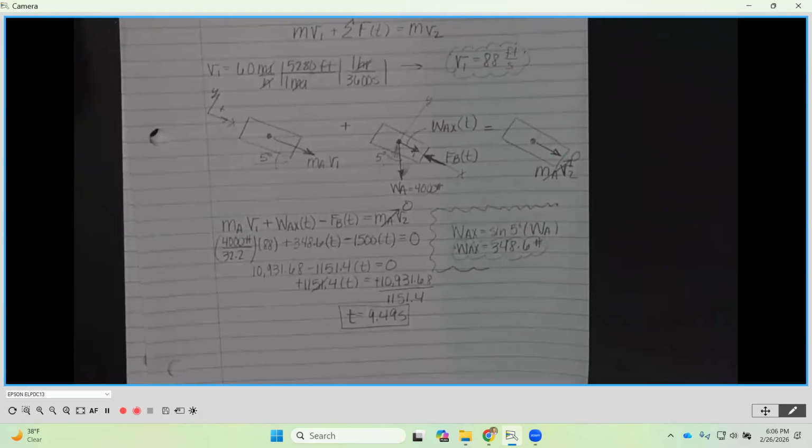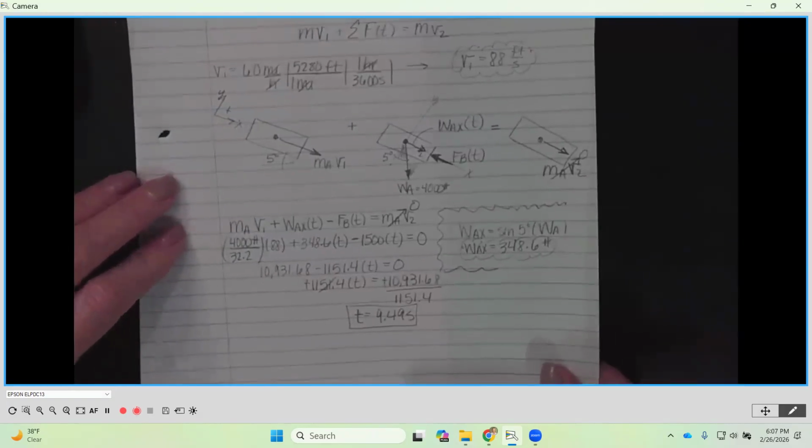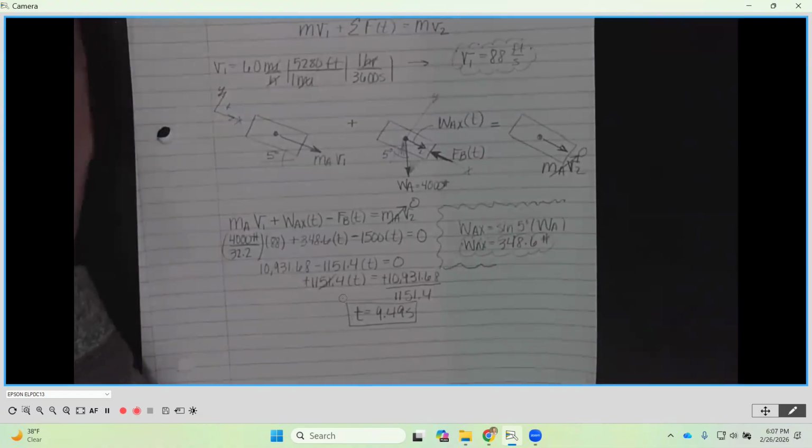You should get a value of 9.49 seconds as the amount of time that it takes to bring this automobile, with those conditions, braking force, and incline, to a stop. Any questions on this one? If not, then I'm going to stop our recording here.